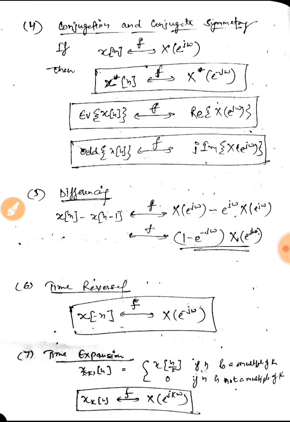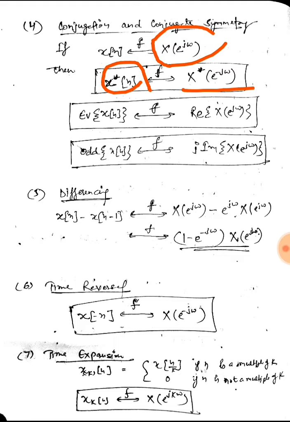Okay, next is conjugation. If the Fourier transform of x[n] is X of e raised to power j omega, then the Fourier transform of the conjugate of x[n] would be the conjugate of X of e raised to power minus j omega. The frequency will be negative. There will be a negative term in the Fourier transform.